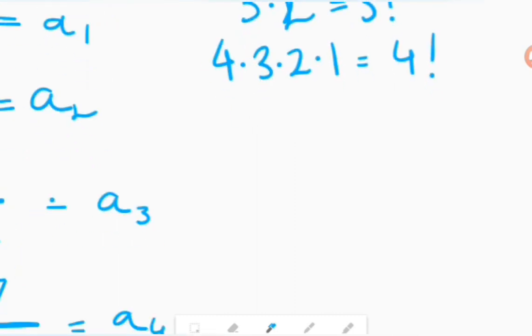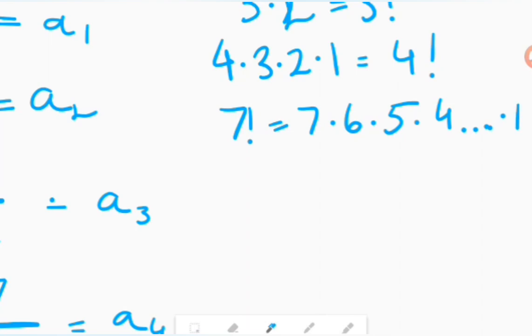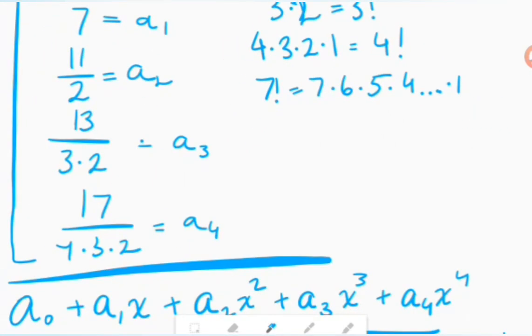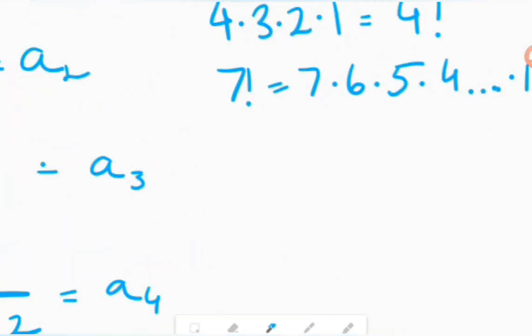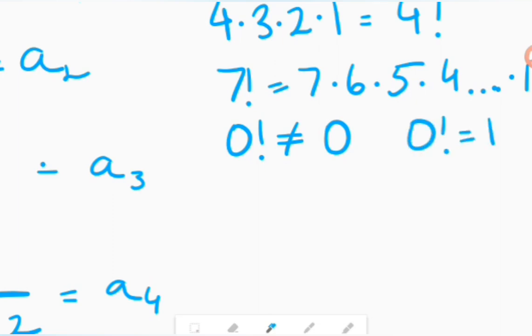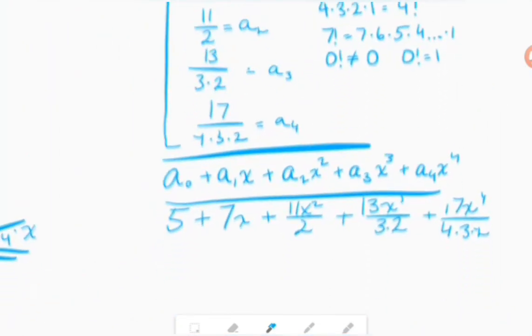So something like 7 factorial would be 7 times 6 times 5 times 4, and so on, down to times 1. Something to keep in mind is that 0 factorial is not equal to 0. 0 factorial is actually equal to 1.